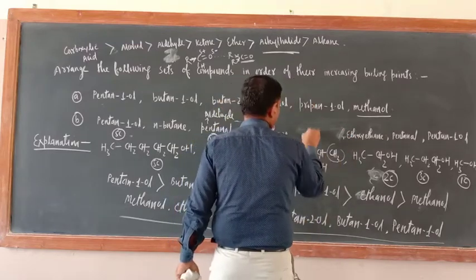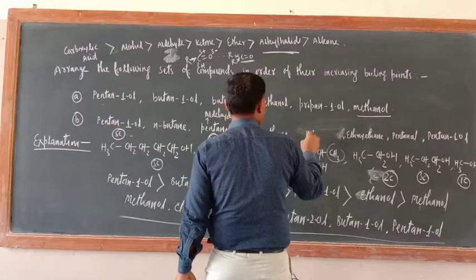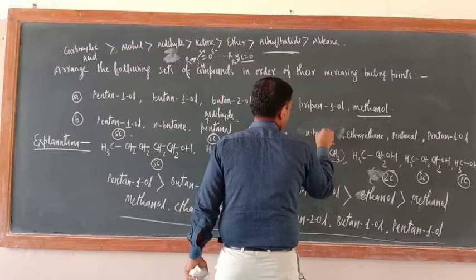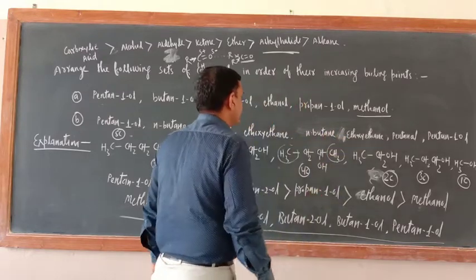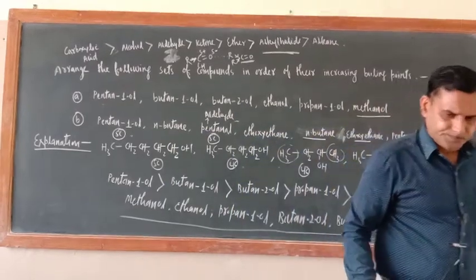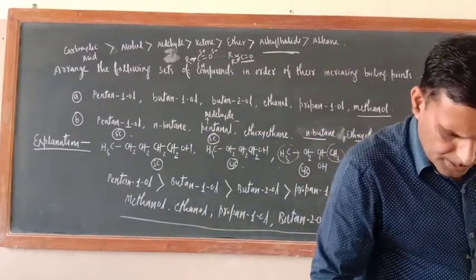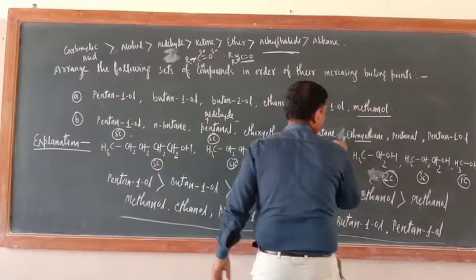Then who would be there? Now n-butane. This is the order. The least one is the hydrocarbon n-butane, then ethoxyethane, pentanal, and pentan-1-ol. This is the order.